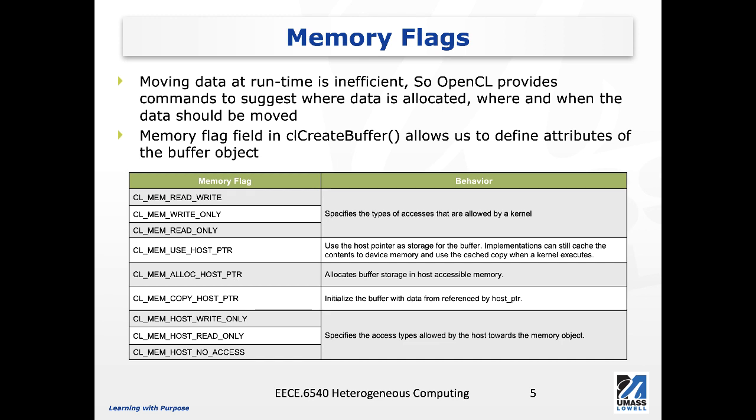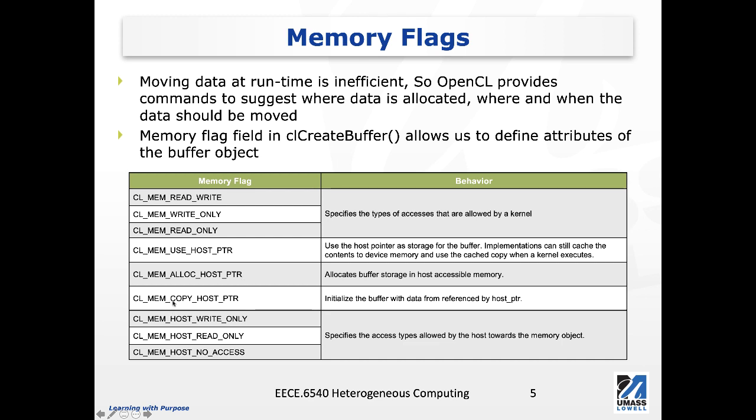If the OpenCL runtime allocates the buffer on the host memory, it is certainly going to be accessible to the host. If the OpenCL runtime determines to allocate the buffer storage on the device side, then that part of the device memory has to be accessible to the host. So that's what this allocate host pointer is about.